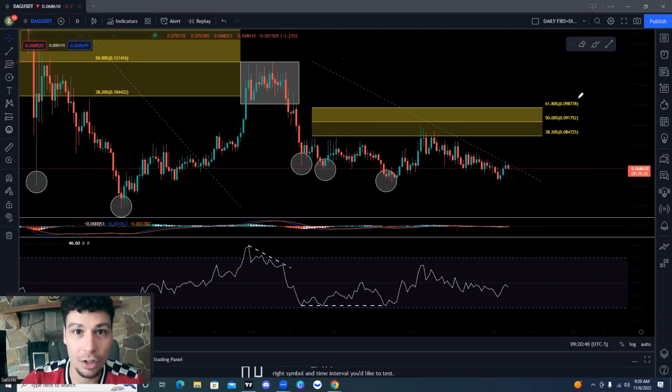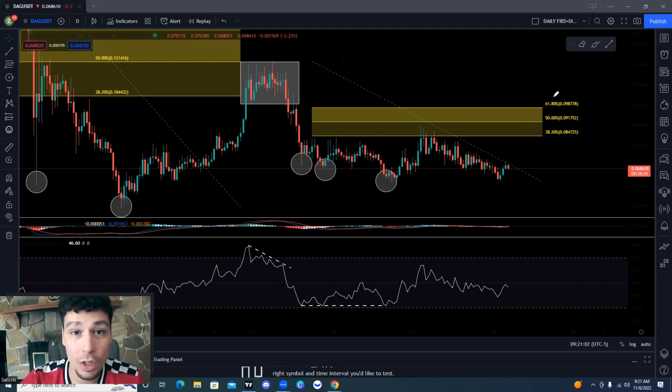The three levels that I look for on retracements are the three most common: the 38.2, the 50%, and the 61.8% level. The 61.8 is known as the golden ratio. It exists all throughout nature, the stock market, the cryptocurrency market. And most of the trading done in these markets is done by algorithms.